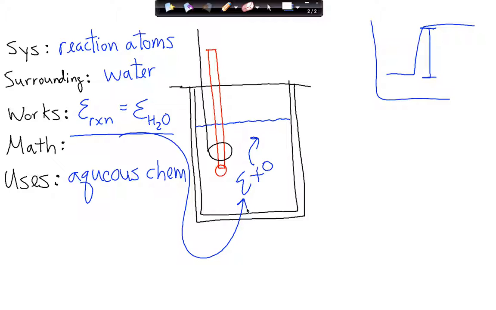That's how it works. So now let's talk about the math. And guys, this is where we run into a problem. This looks like a mathematical equation, right? But guys, this mathematical equation is worthless to us. Do you remember why? You can't directly measure energy.